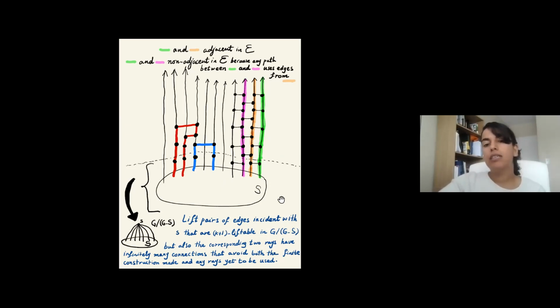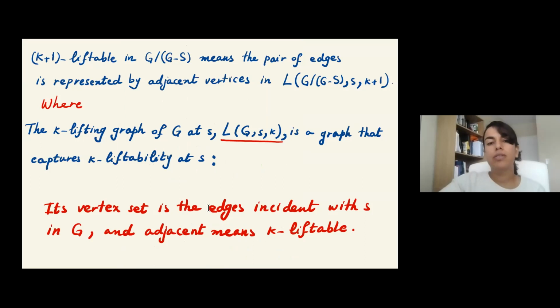If the complement of the lifting graph is disconnected, this means there are two things adjacent in E that are also adjacent in L. And this is how they found a pair of edges whose rays are adjacent in the end graph, but are also liftable, or good for connectivity, in this graph. So this is how their proof goes.